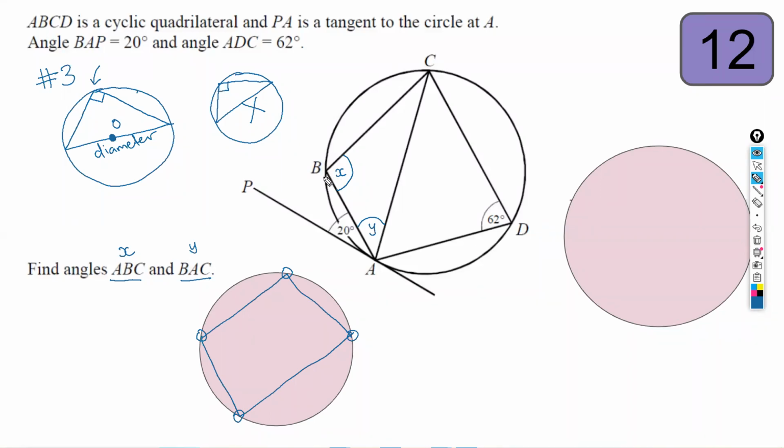That seems to be what? A cyclic quadrilateral. So opposite angles in a cyclic quadrilateral are supposed to add up to how much? 180 degrees.